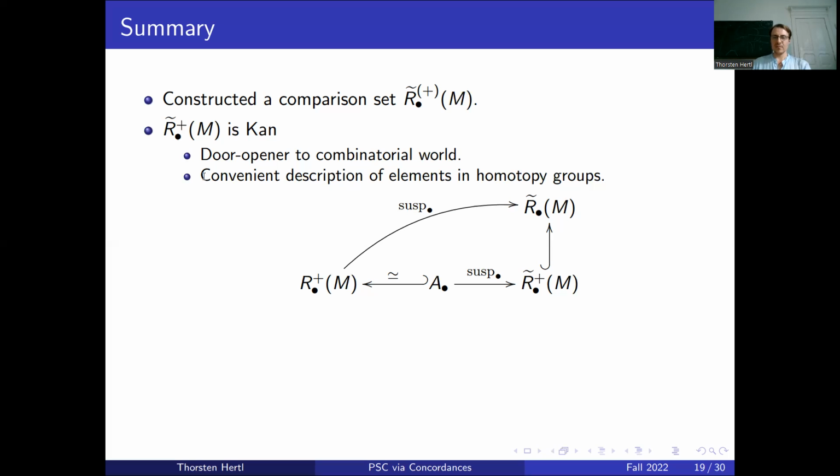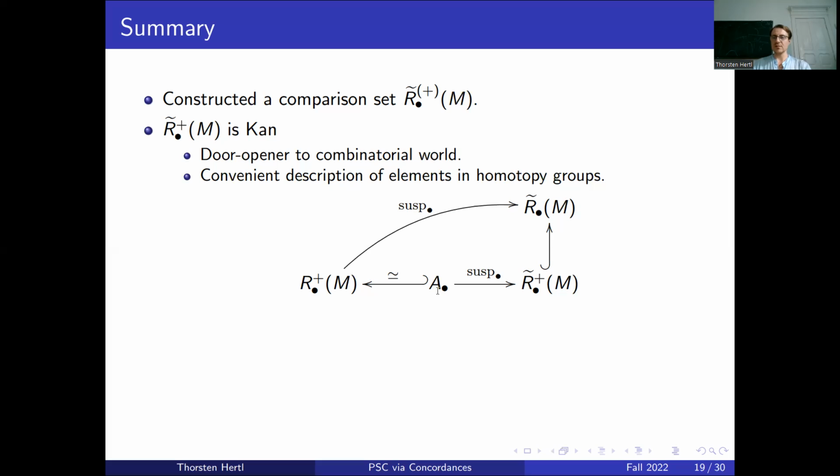We have also seen how the original space of PSC metrics and the approximation space are related. We have constructed a so-called suspension map that assigns to a map of Riemannian metrics its adjoint metric. But we couldn't have used the whole combinatorial version of the space of PSC metrics.